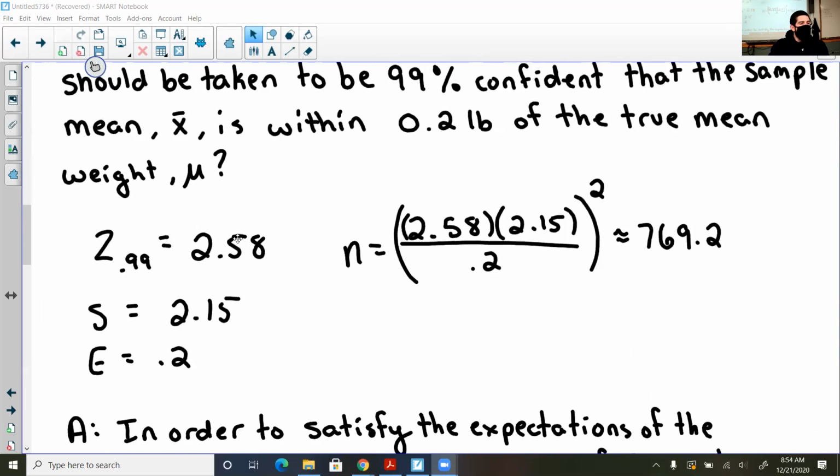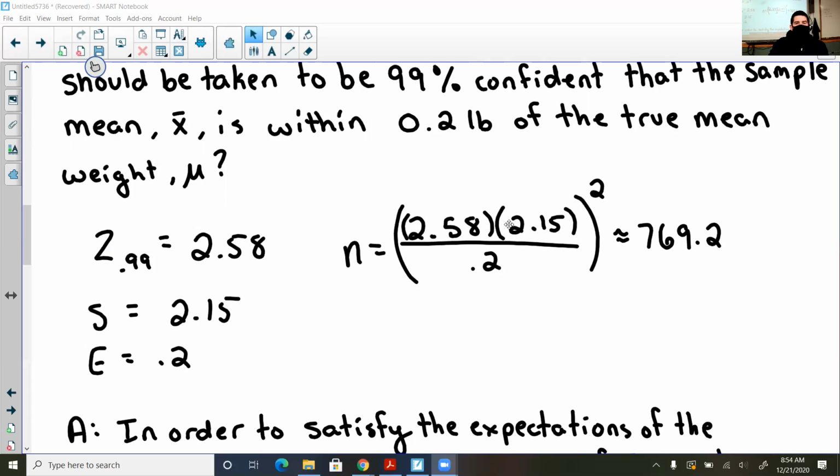So I'm going to write down the information that I know. My z-score, referring to the 99%, is 2.58. We can find this value from the table, also using the inverse norm. That would do it as well. The sample standard deviation is 2.15, and our margin of error was 0.2. So I plug in each value.